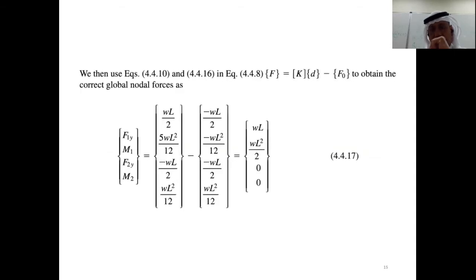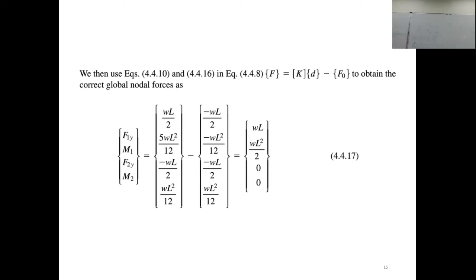This is the effective, by the way. They consider K times D as F effective. So they multiply this by that. Once you know V2 and C2, then you can call this F effective. And F effective equals the reaction plus F naught. So you move this to there.